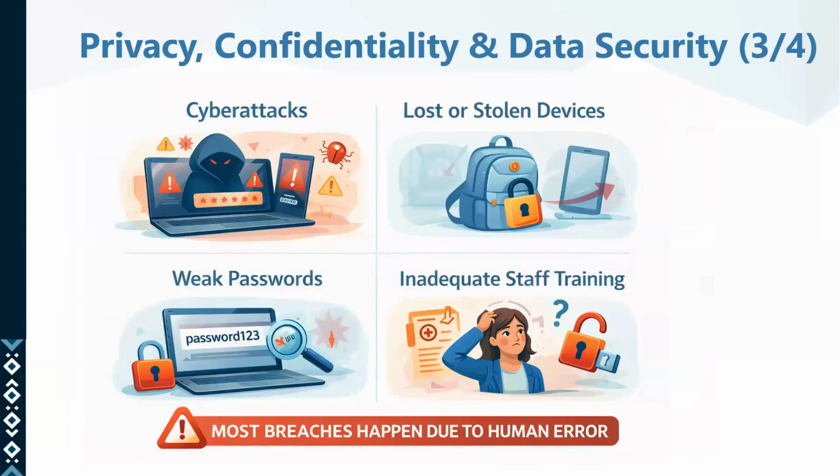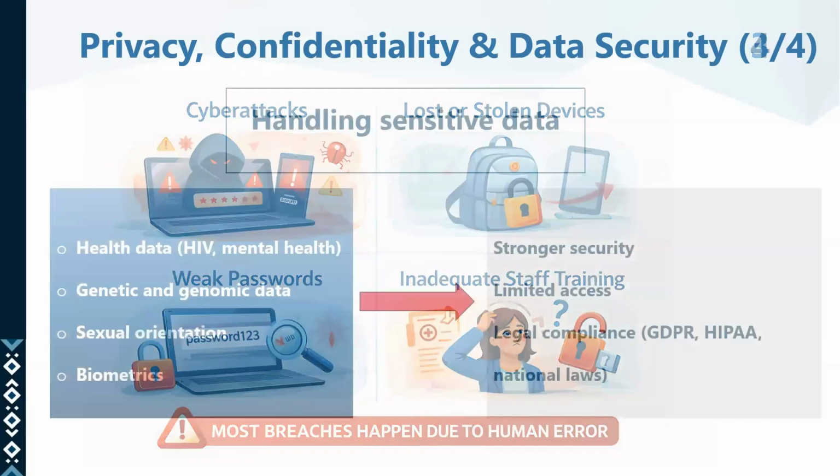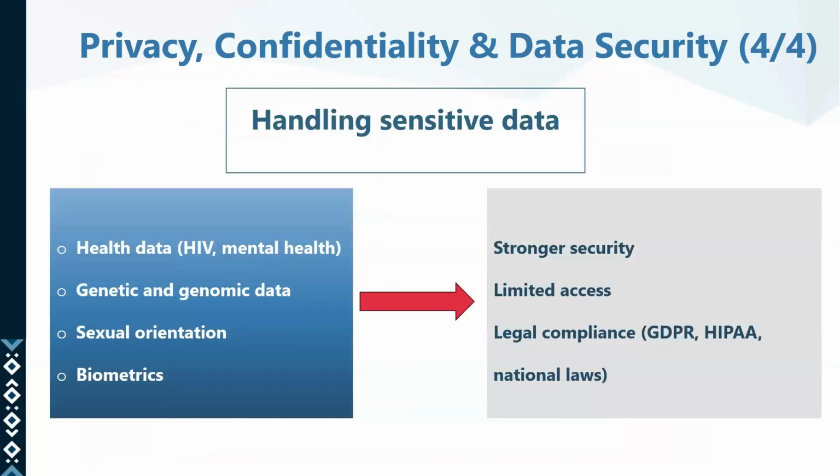Common data threats include cyber attacks, lost or stolen devices, weak passwords, and inadequate staff training. And it's also important to note that most breaches happen due to human error. Now, talking about sensitive data.